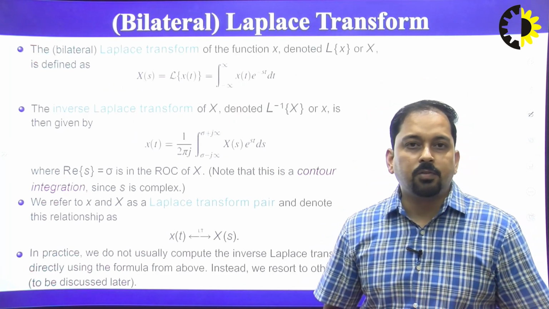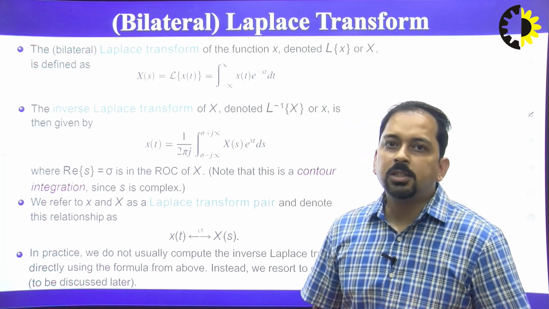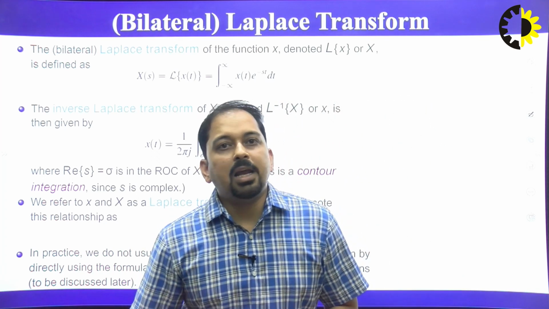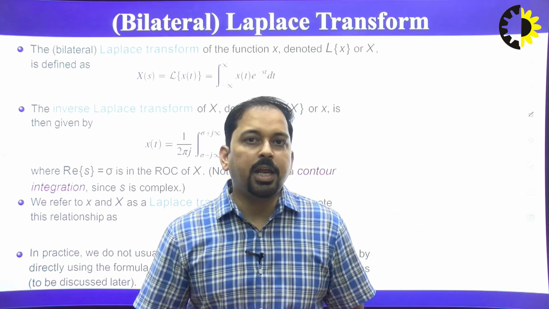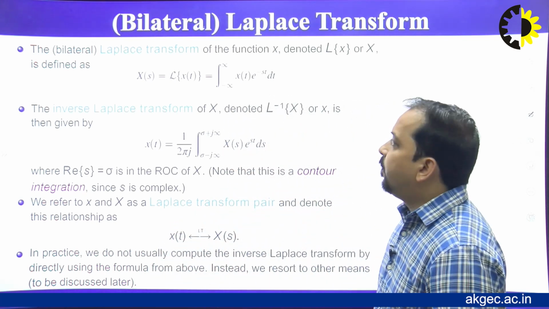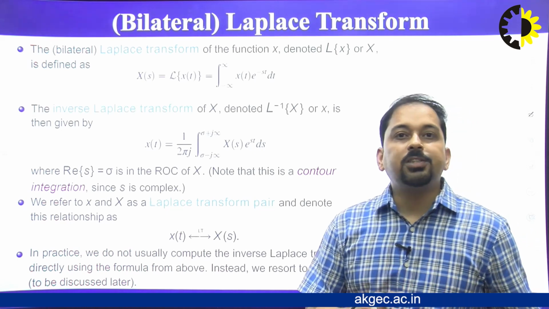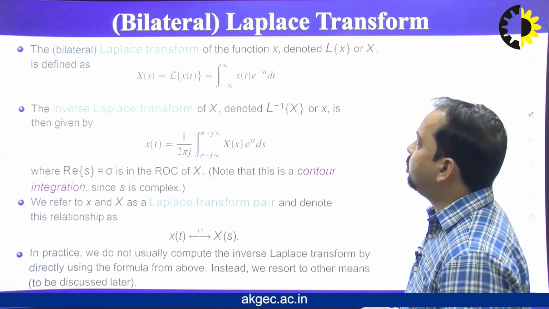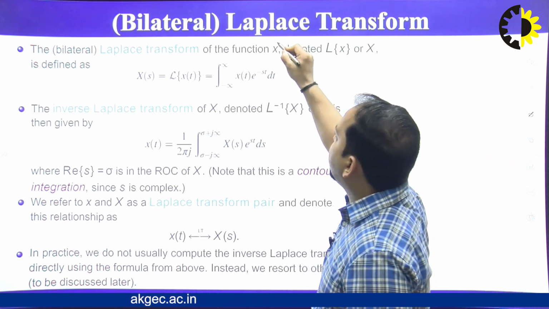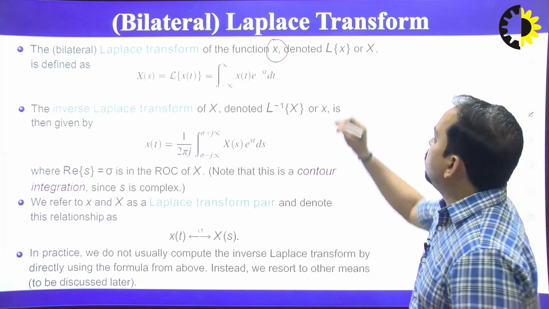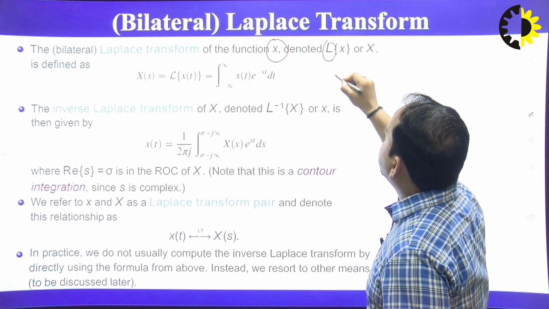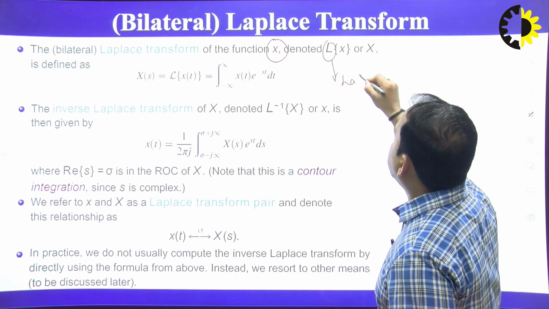Now we'll discuss what the bilateral and the unilateral Laplace transform are. As the name suggests, bilateral means that it is a more generalized form of the Laplace transform. If x(t) is a function in the time domain, L here corresponds to Laplace.